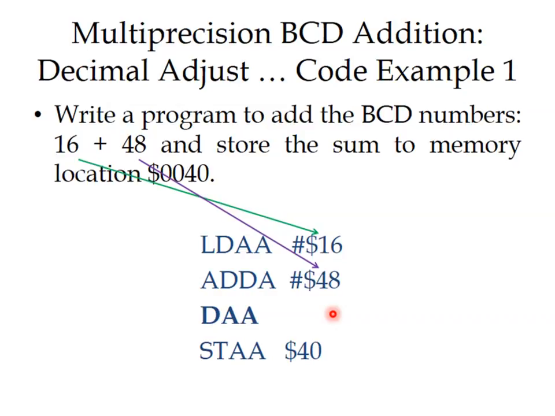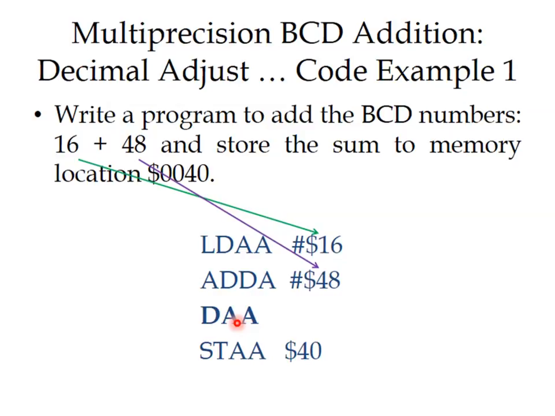Now remember, you have two rules to fix it. We know how to apply the rule, we have seen the examples. But here, when you are writing the code, you actually don't have to apply the rules manually. You already have the sum after line number 2, but you know that the sum is not fixed because this is a hex sum. If you really want to fix it, all you have to do is just write decimal adjust, DAA.